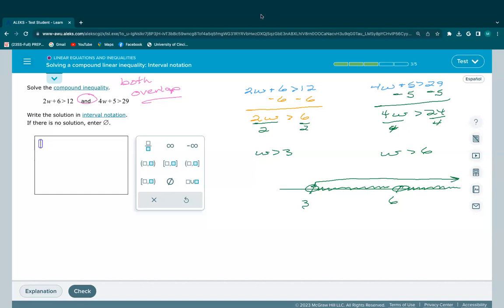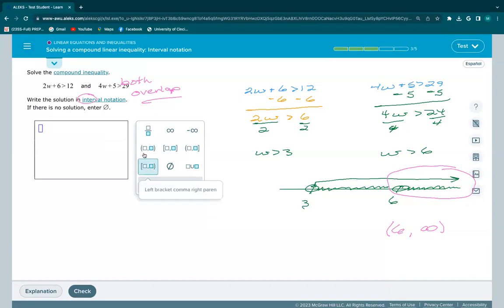So I want this part. That's my overlap. So it's going to be rounded brackets because that open circle at 6 is not counting for this one. It does count for the other one, but remember, I need both. So this is 6 and it goes on till infinity. And I can't use the part before that because it's not the overlap. So my answer is going to look like a parenthesis because it's an open circle, a 6, and an infinity. Save that, and I'm going to check my answer.